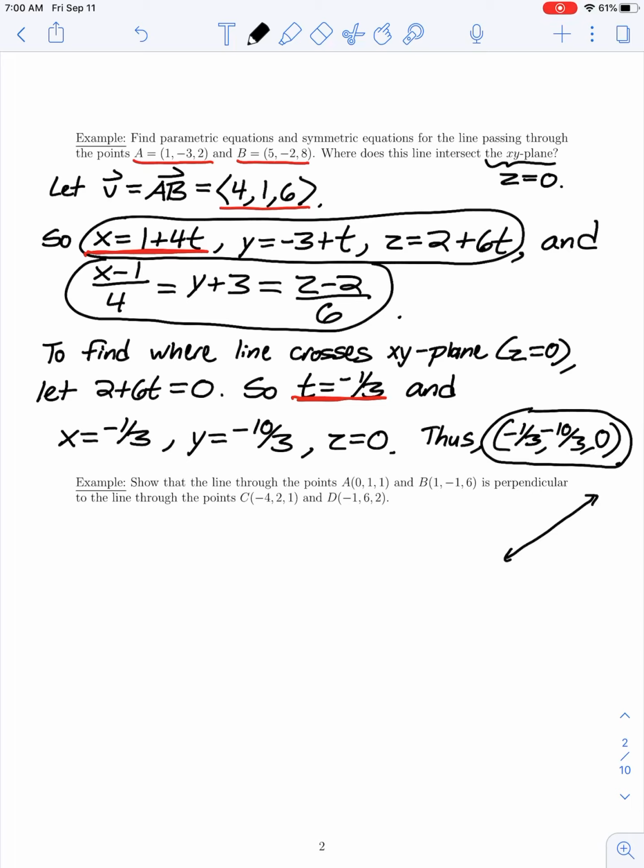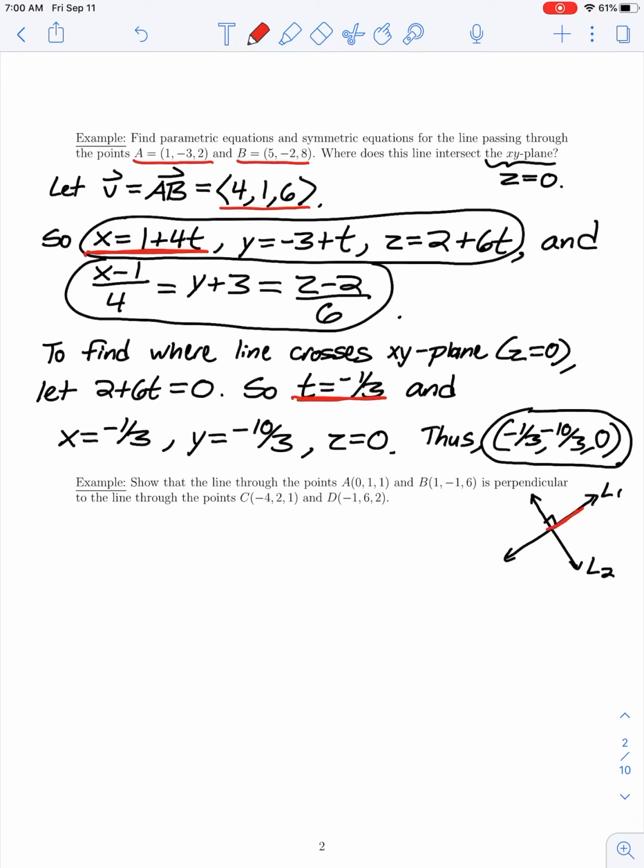Let's say that we have two lines, we'll call them L1 and L2, which are perpendicular. What does it mean for these two lines in space to be perpendicular? Well, the direction of each of these lines, L1 and L2, is specified by some vector.